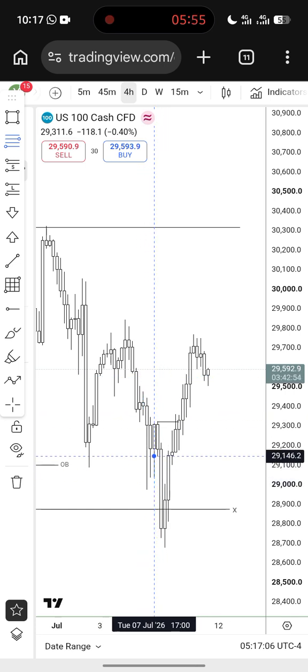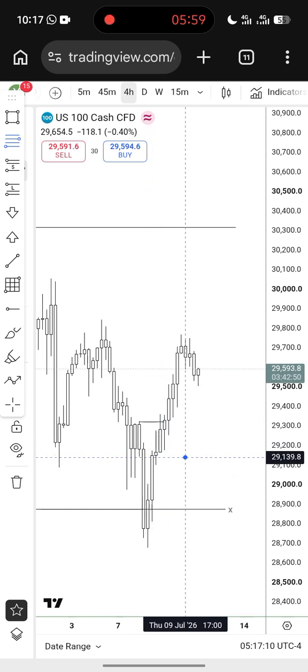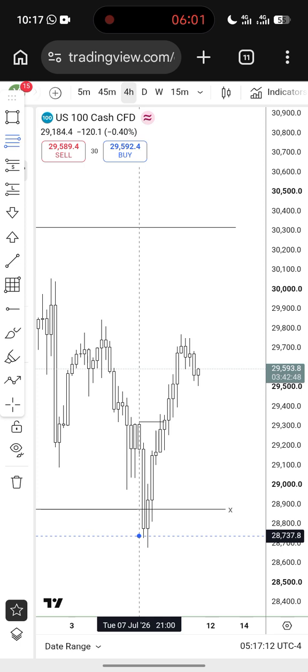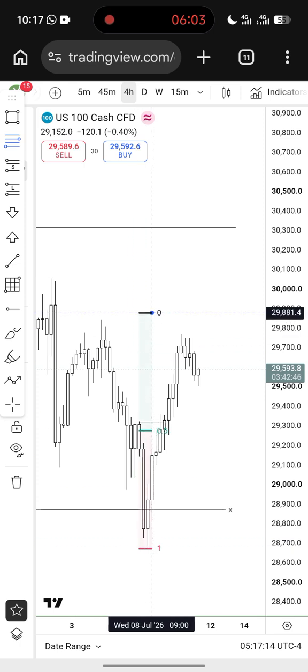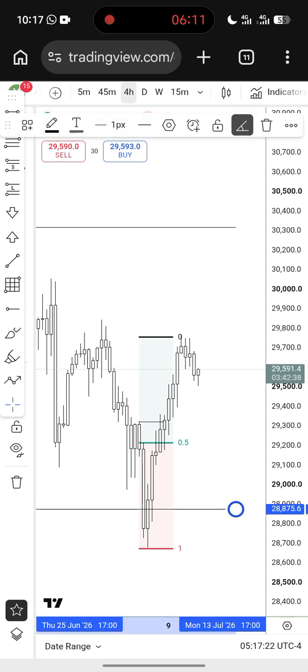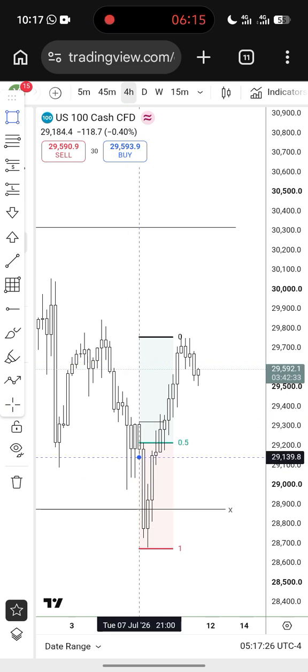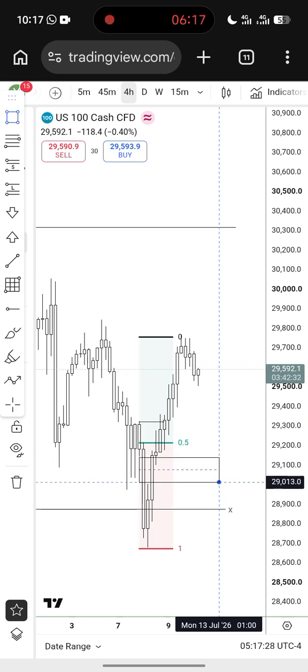So now let's see. This is the candle responsible for this movement. Here we are, and we are presented with a BPR, balanced price range.